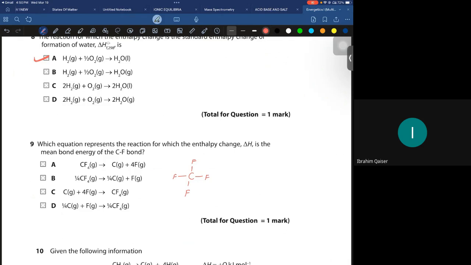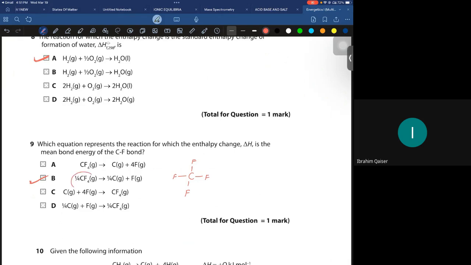Of course, you must have an atom. Remember, you must have an atom. And so the answer is B, remember. Which equation represents the reaction for which the enthalpy change is the mean bond energy of the carbon and fluorine bond?